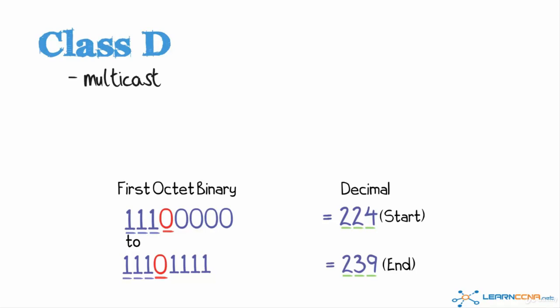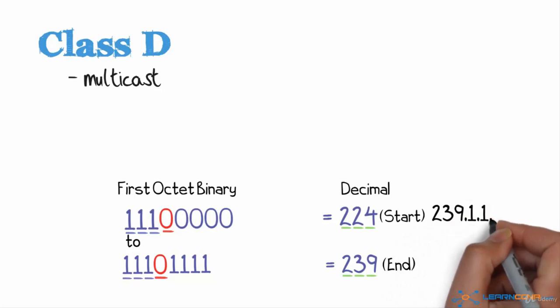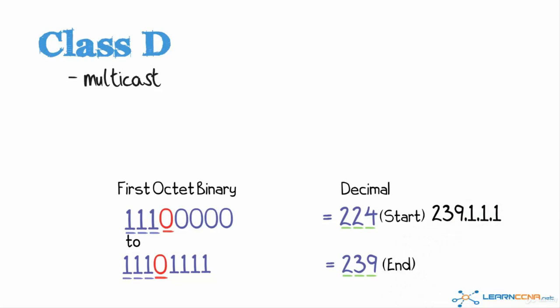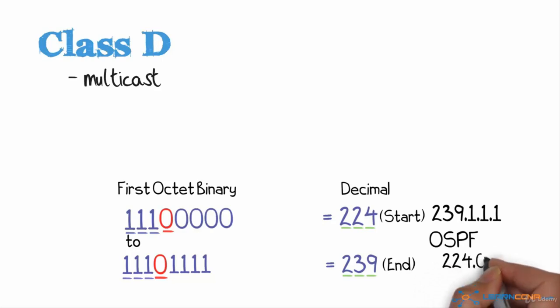So as an example, address 239.1.1.1 is a private multicast address which could be used internally within your organization. Other examples of multicast addresses include well-known multicast addresses for routing protocols such as OSPF. The OSPF routing protocol uses multicasts 224.0.0.5 and 224.0.0.6.